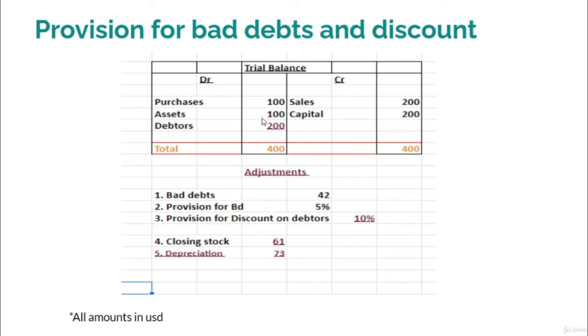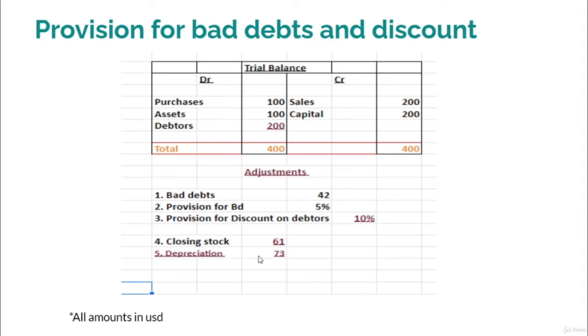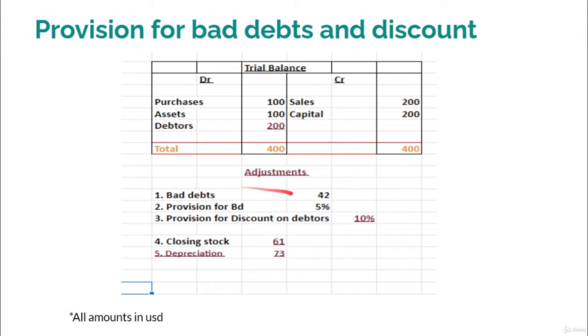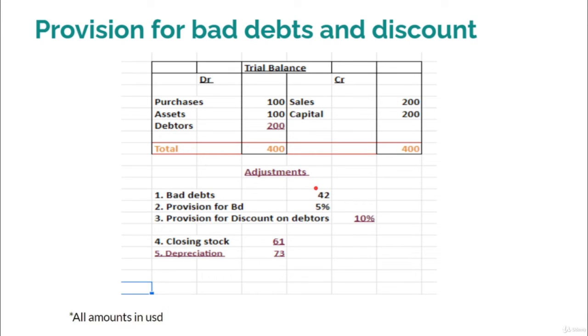Simple trial balance which we have been using, just 5 lines, and these are the adjustments which we are going to see in the Excel sheet. All amounts are in USD. You can substitute your own currency. We'll be simulating the values of these adjustments for various values, and see their effect in the final accounts.